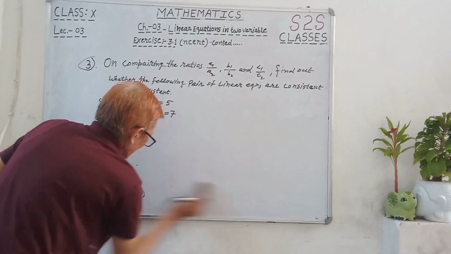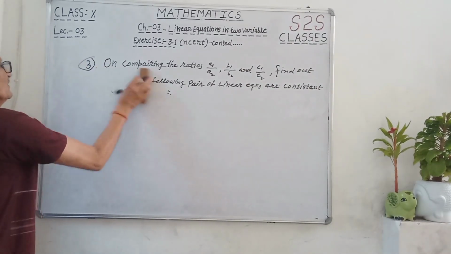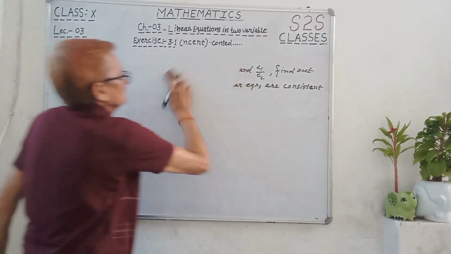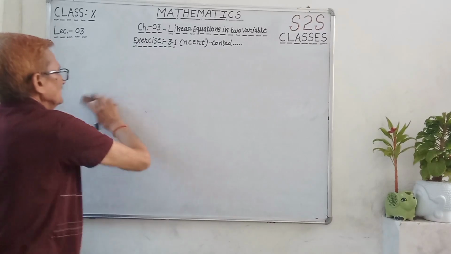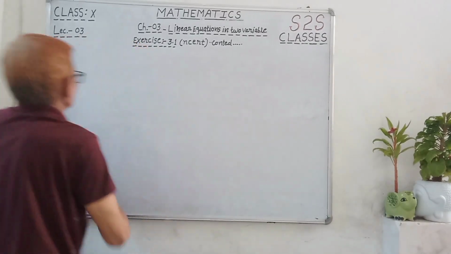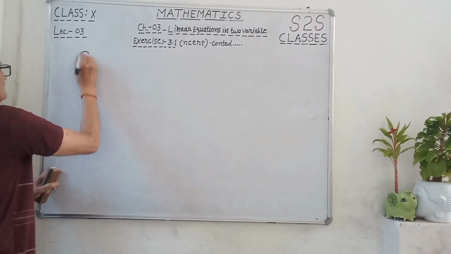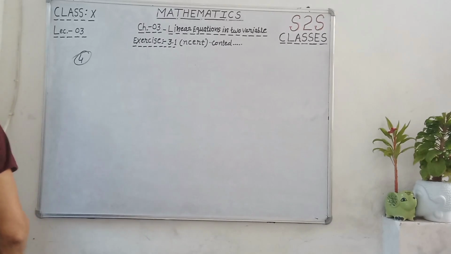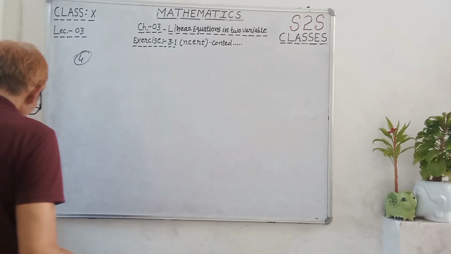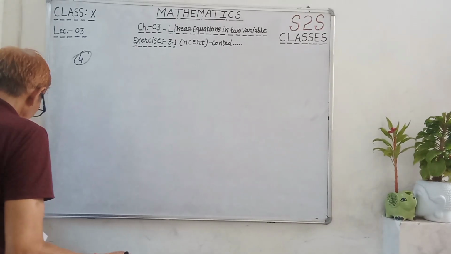Now the next question, question number 4. What does it say? In question number 4: which of the following pairs of linear equations are consistent or inconsistent?